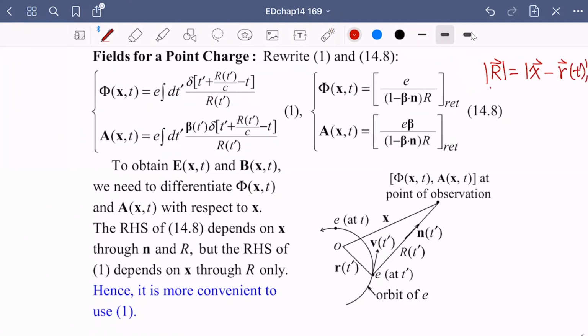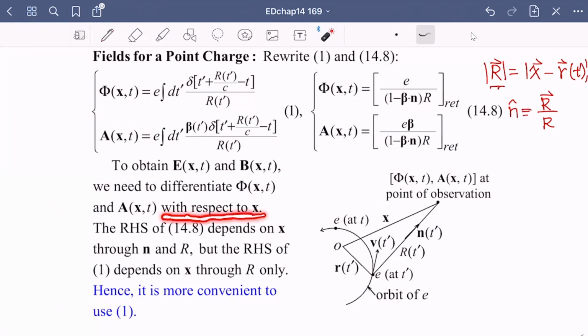Therefore R has x dependence. Second, n. What is n? n is R over R, right? That's the definition. Therefore, it also depends on x.